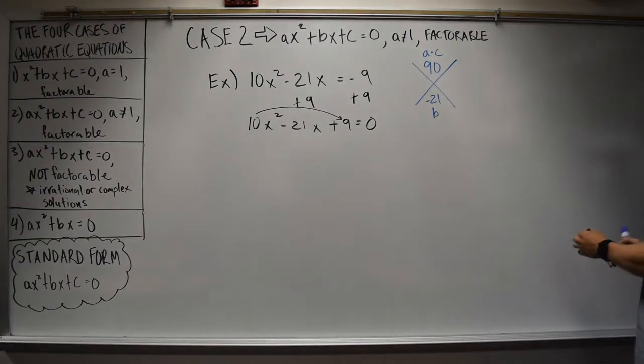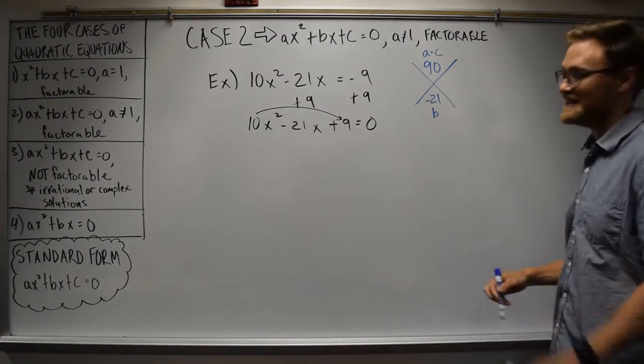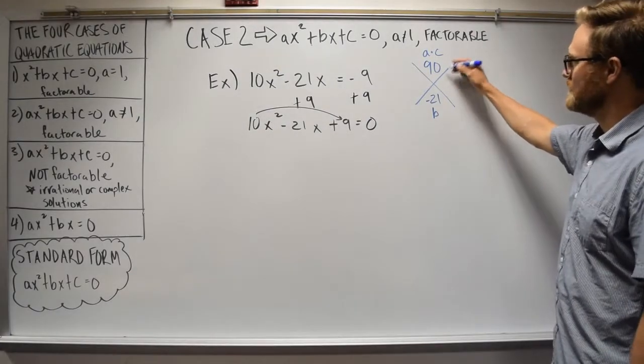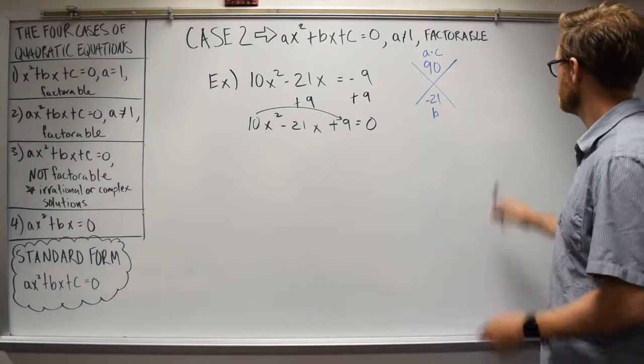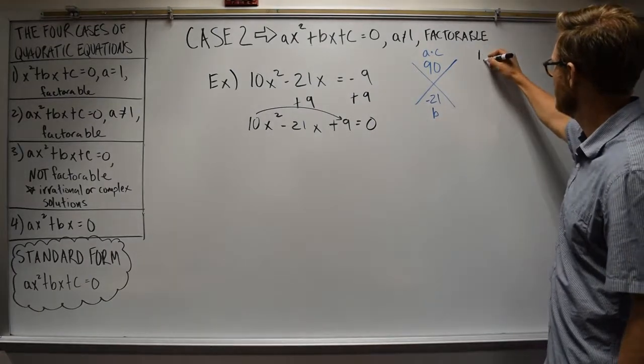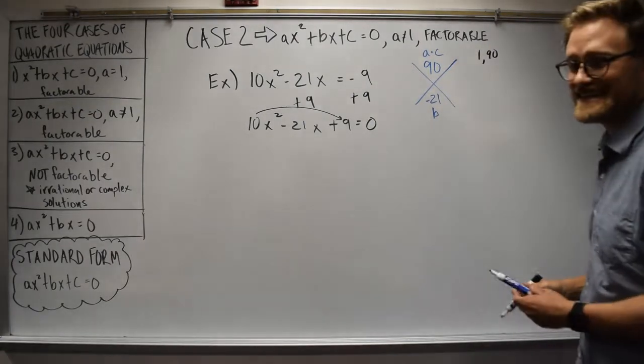Just like in the last one, I'm going to start by listing the factors of AC. The first factors of 90 are 1 and 90.